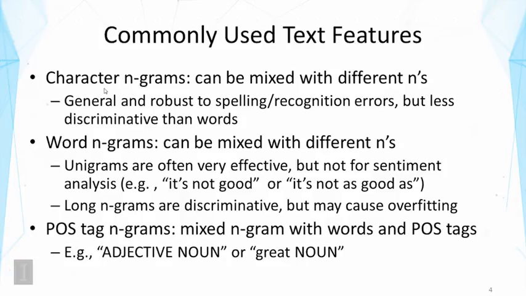For example, we might see a sentence like, it's not good, or it's not as good as something else. In such a case, if you just take good, that would suggest positive, which is not accurate. But if you take the bigram, not good, together, then it's more accurate.